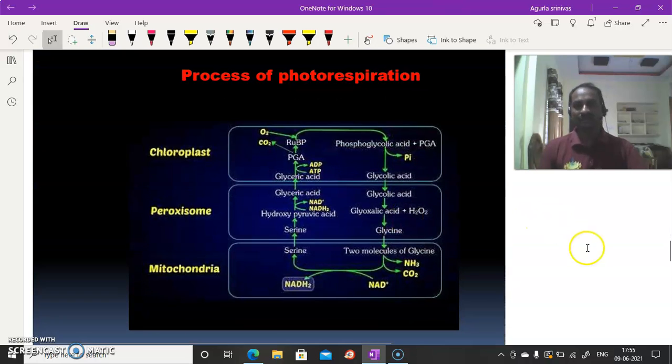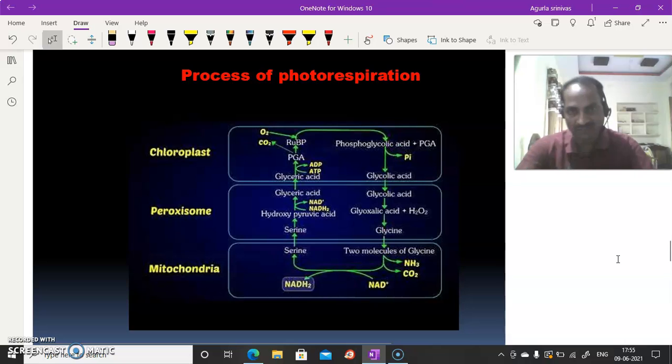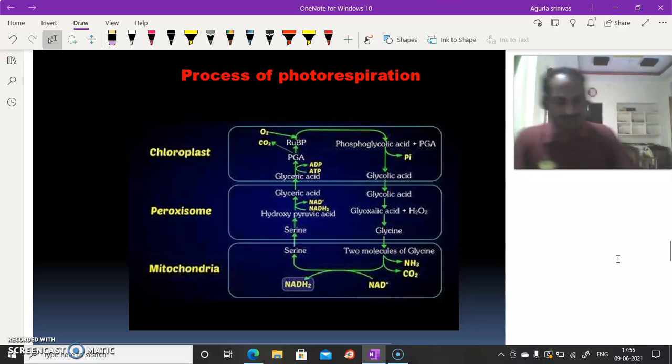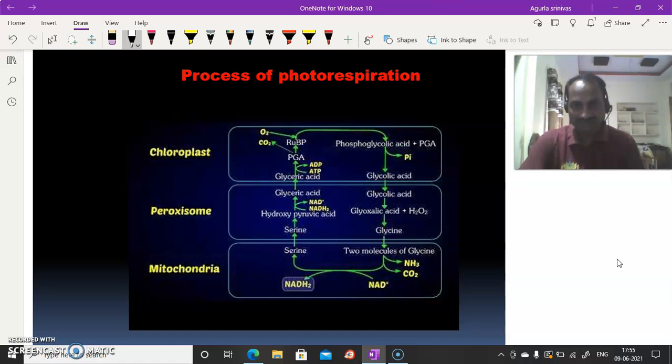Now let's discuss the photorespiratory pathway. As I told you in the previous lecture, photorespiration is a waste process. Here RuBP, ribulose 1,5-bisphosphate, combines with oxygen molecules and forms phosphoglycolic acid and PGA. PGA means phosphoglyceric acid, a C3, 3-carbon containing product.